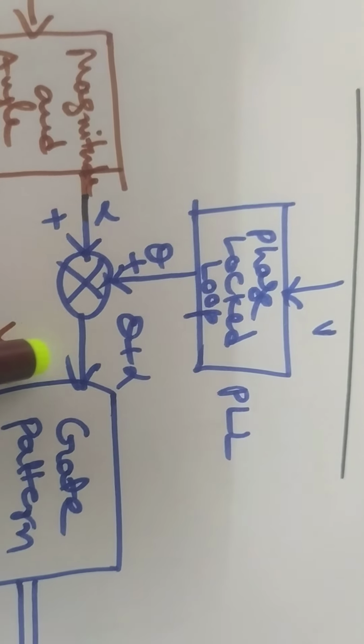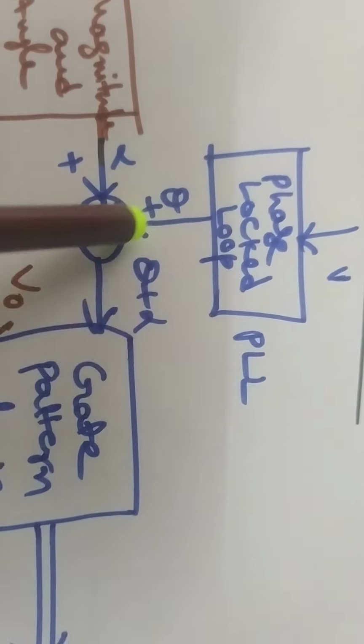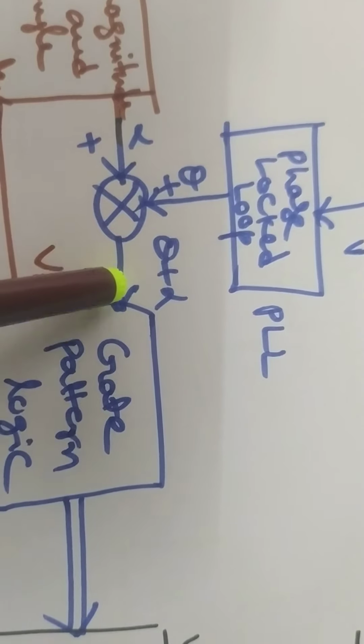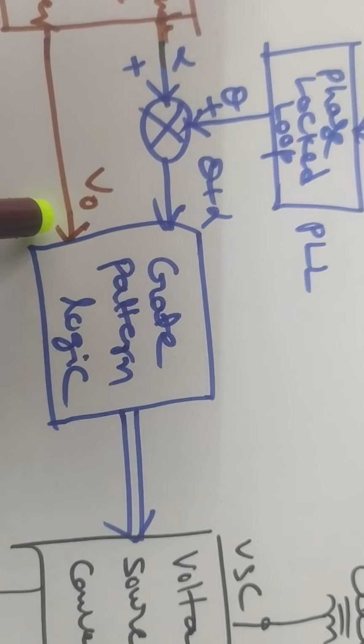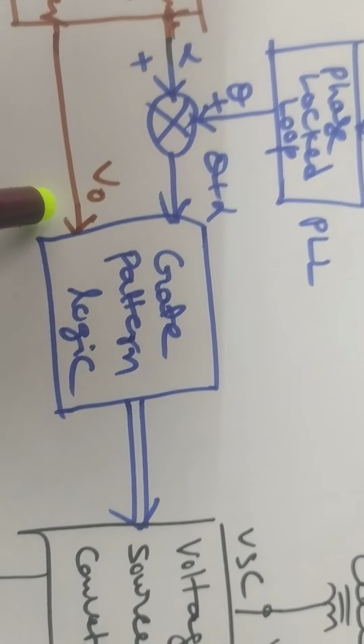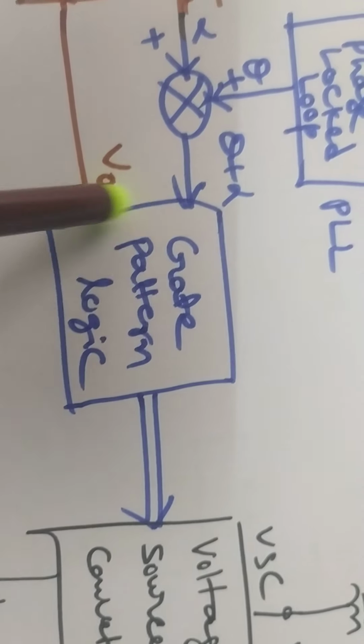Now a new synchronizing signal theta plus alpha is generated in synchronism with the system to get the V0, the magnitude of the V0 from the VSC with the help of gate pattern logic.